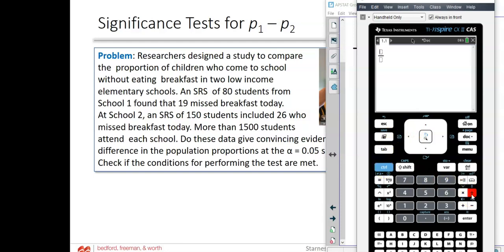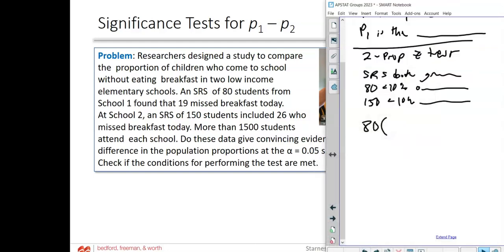We're going to add up the successes in both, so 19 plus 26 over 80 plus 150. And I want a decimal, so I'll put a decimal in there. I get 0.19562. You might want to show that work. So 0.1956. Okay, so that's going to be P hat C.